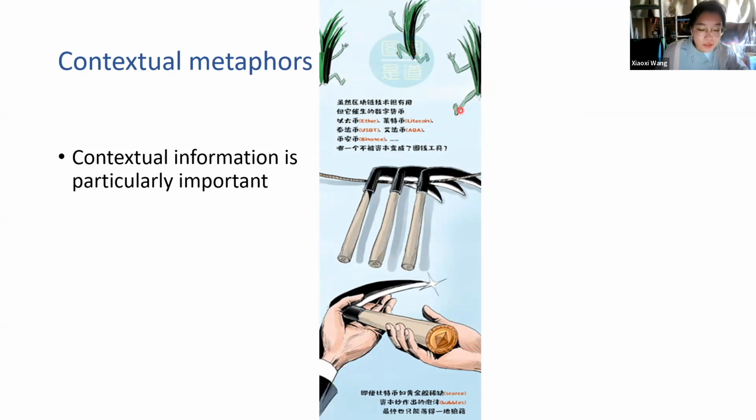So what they want to express here is that digital currency has become a tool to encircle money. And the metaphor here is money is grass and digital currency is sickle. So without the contextual information provided by the digital currency embedded in the base of the sickle, we may not figure out the two metaphors expressed here.